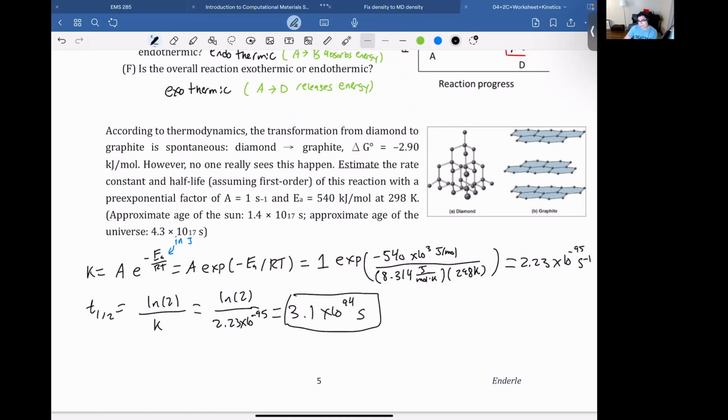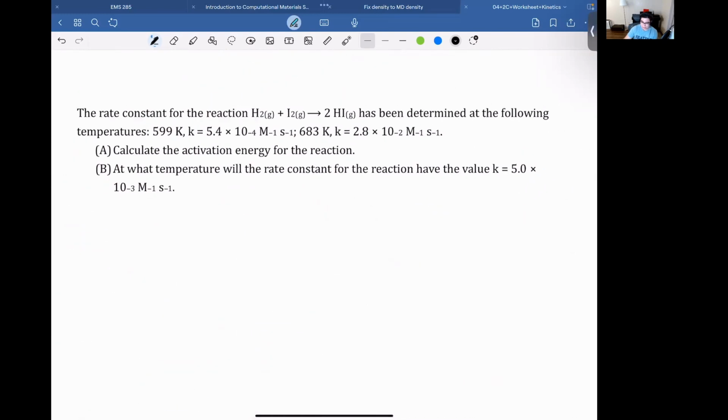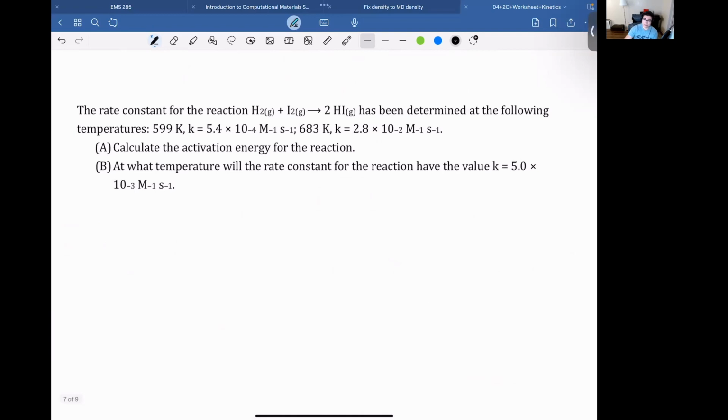So it takes a while. This is where the age of the universe comes in here. It's about like 10 to the 10th power or something, right? Longer than times the age of the universe, in terms of time. That's very, very, very long, which is why you don't see it happen. It's due to the high activation energy.